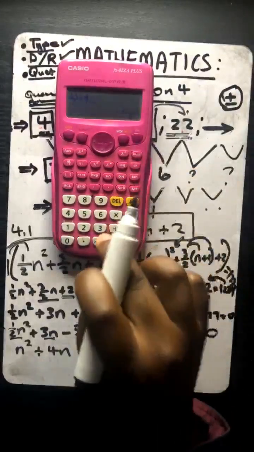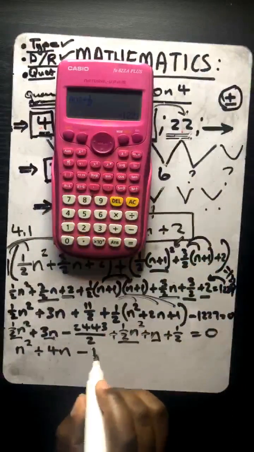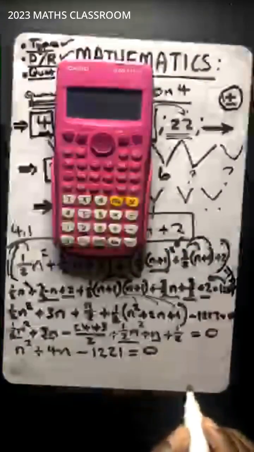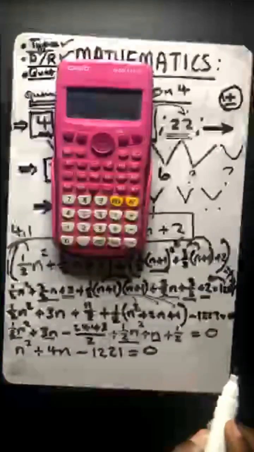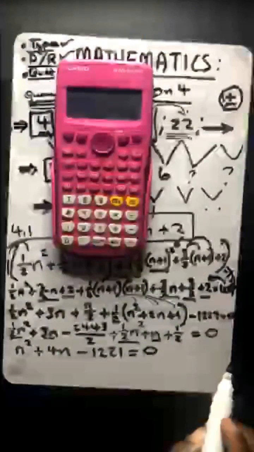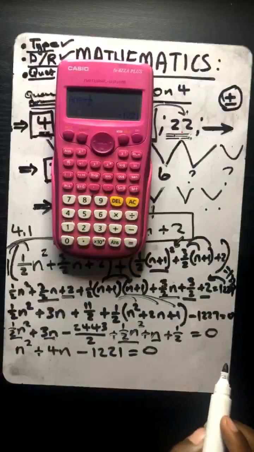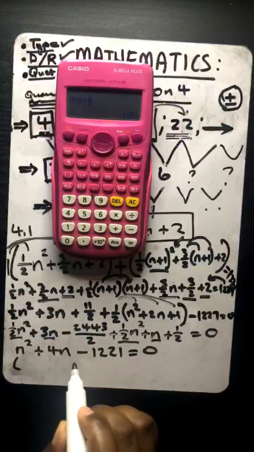I'm just going to say plus 1 over 2. It gives me negative 1221, which is then equal to 0. So now I'm going to factorize because this is now in the standard form.